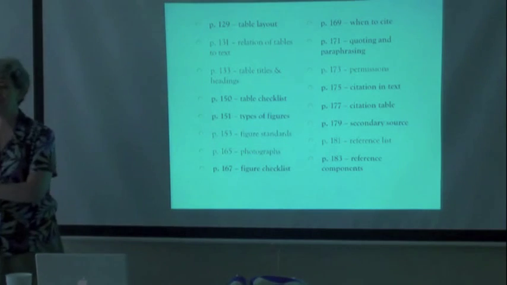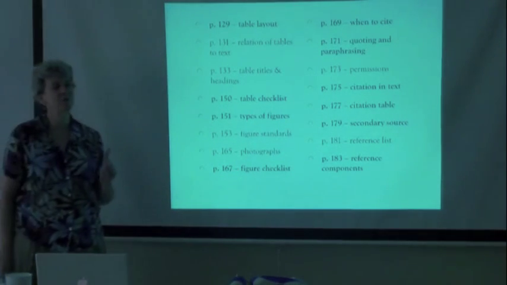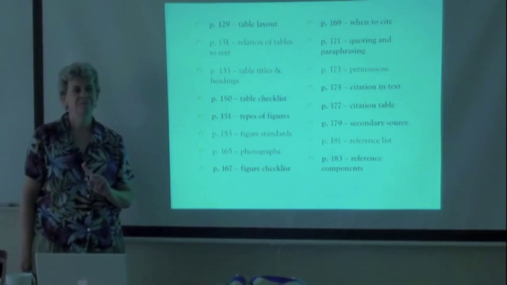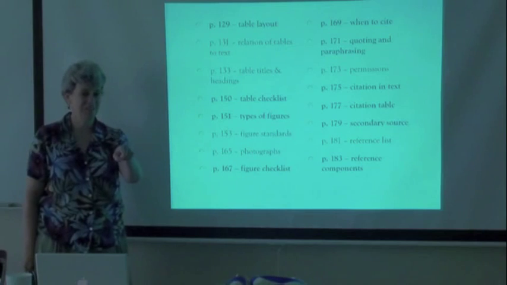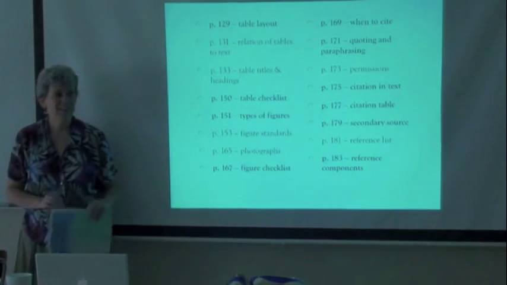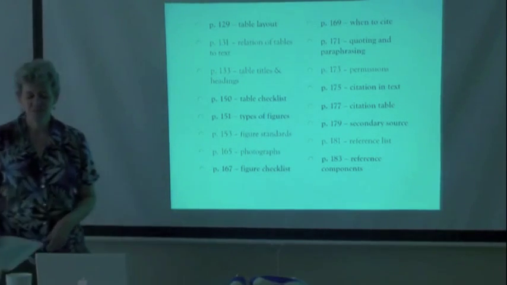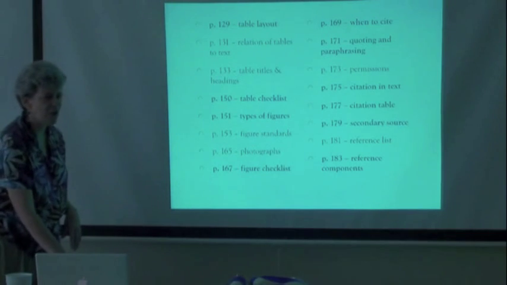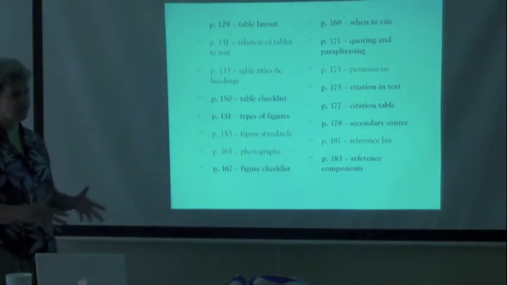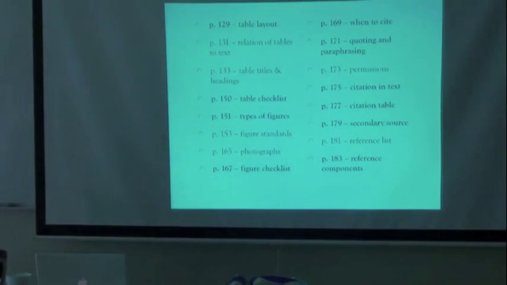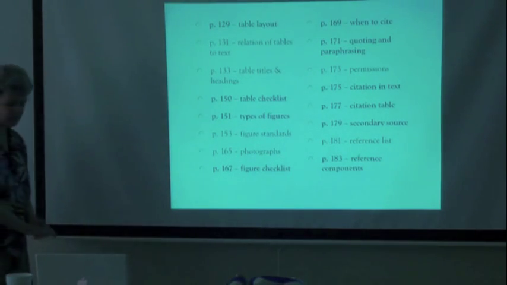In my reference list, what goes in my reference list? Alport or Nicholson? No, Nicholson, because that's what you read. So you're going to put that in there. But in the text you give the author, Alport's diary, as cited. And then page 181 talks about the order of the references in the reference list.